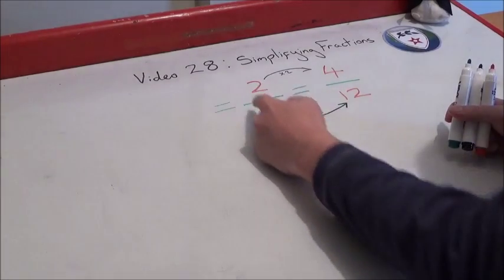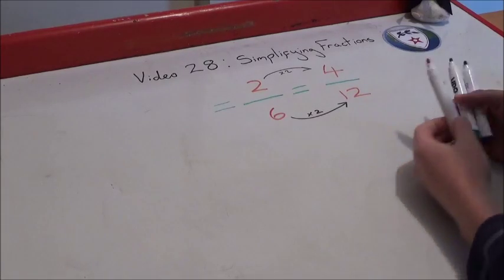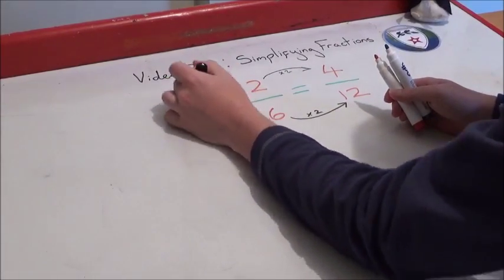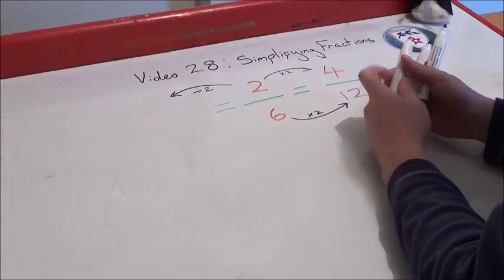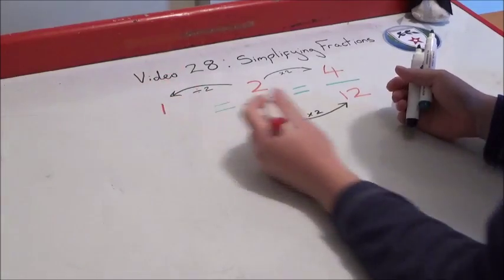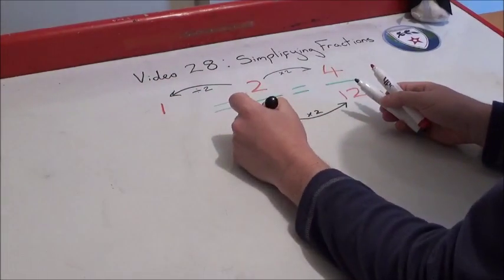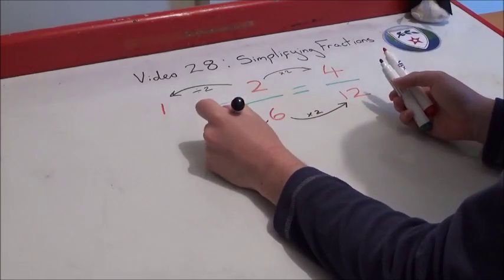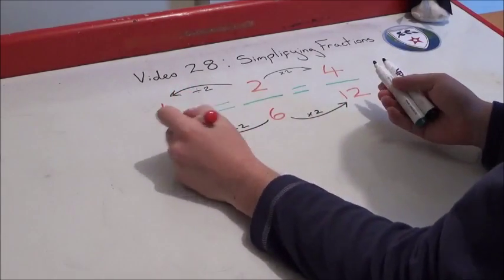So I know actually 2 is a factor of 6, so I can actually divide both of these by 2. And 2 divided by 2 equals 1. And 6 divided by 2 equals 3.